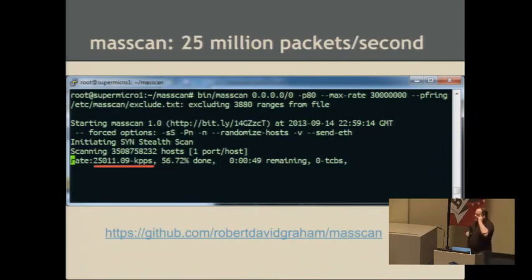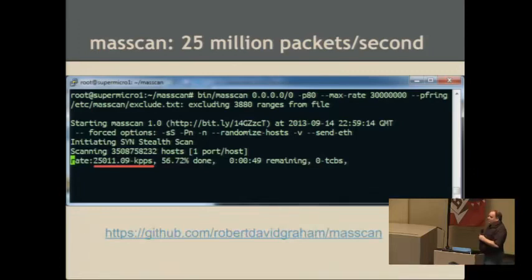Now, if you're thinking about this, you're thinking, well, wait, 10 gigabit Ethernet, the maximum is 15 million packets per second. That's the maximum theoretical bandwidth. Well, what I'm actually doing is I'm using two cards. So this is a quad-core desktop. It's 3.1 gigahertz Ivy Bridge, Sandy Bridge processor.